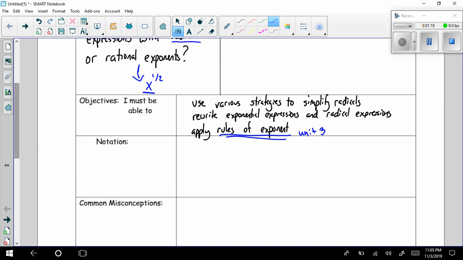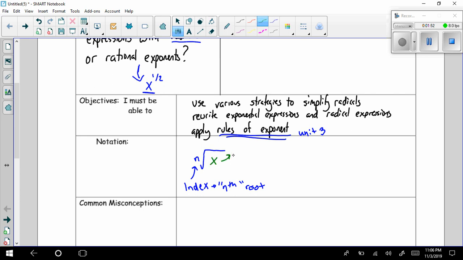Okay, so notation-wise and word-wise, you'll have a radical, and this is your radical symbol. You will have what we call an index. So this will be the nth root of a number. You'll have a number underneath.